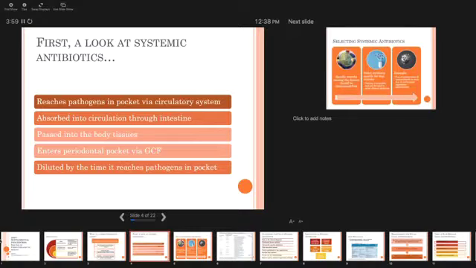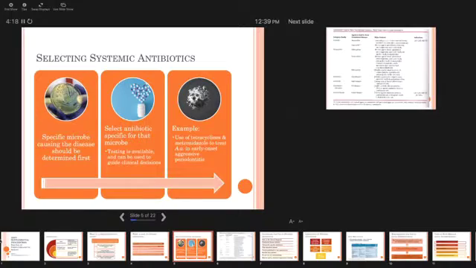Now, systemic antibiotics can become diluted by the time they reach the pathogens in the pocket, which makes sense because they have to go through this whole process to be absorbed. So we're talking about systemic antibiotics, something that you would take most likely orally. If systemic antibiotics are used, which they do sometimes, we want to make sure that we specify the microbe that's causing the disease.